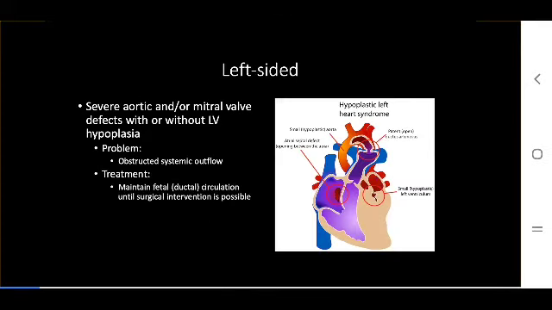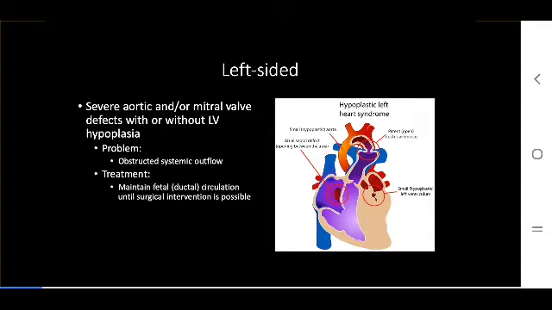So let's look at each one of these individually. For left-sided lesions, we have hypoplastic left heart syndrome, which is what we use to describe many things. Severe aortic and/or mitral valve defects, with or without LV hypoplasia, are the typical left-sided lesions. The problem is that there is an obstruction to inflow to the left heart or outflow out of the left heart, and so we severely compromise cardiac output to the systemic circulation.